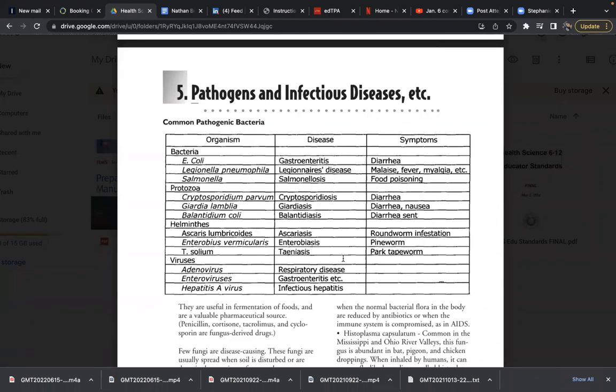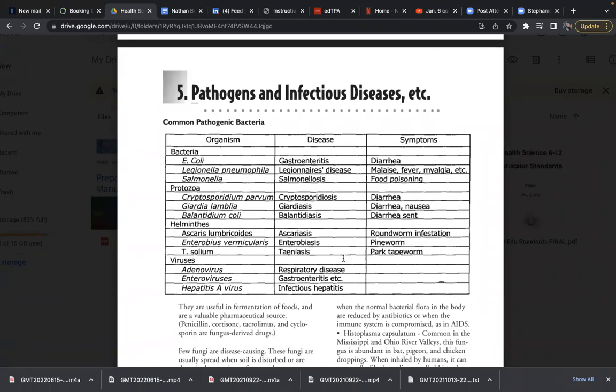You have to have a working knowledge of these, and they might not ask you directly which type of protozoa, blah, blah, blah. They might say the students are discovering or researching different organisms or pathogens that cause diarrhea.